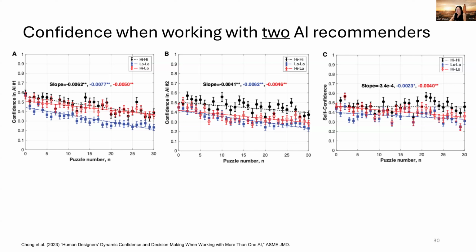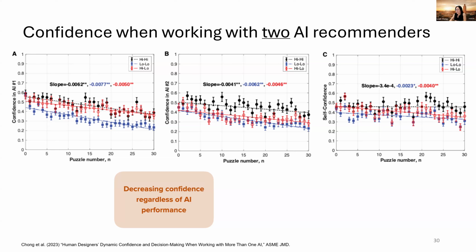Here is the confidence when working with 2 AI recommenders: the first plot shows confidence in AI 1, the second AI 2, and the third self-confidence. Again, a very sad trend is that we see decreasing confidence in all 3 plots, both in the AI and the self-confidence.